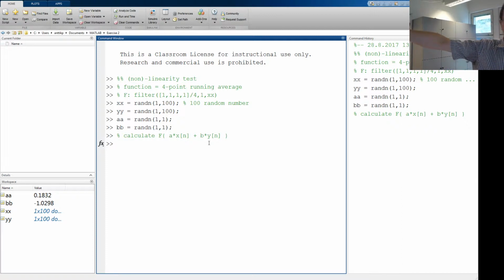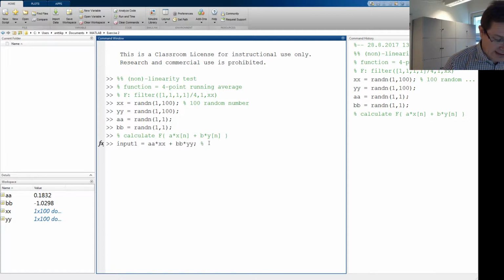We calculate first the sum, so our input for the first one, input 1, is simply A times XX plus B times YY.